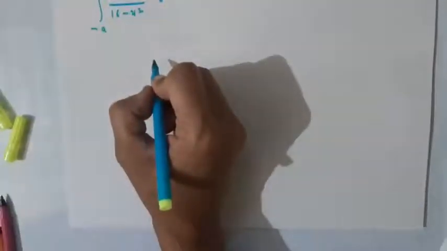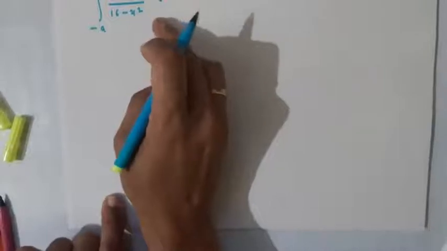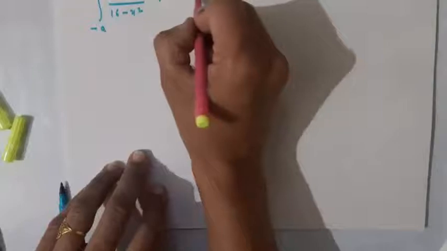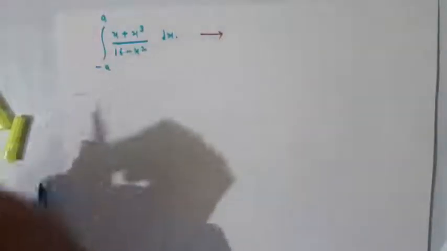So students, to solve this problem, first let us check whether it is an even function or an odd function, because the limits of integration are minus a to a.